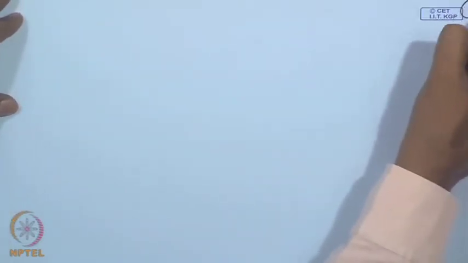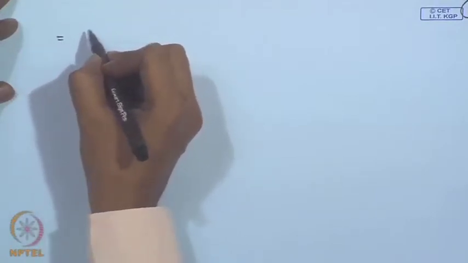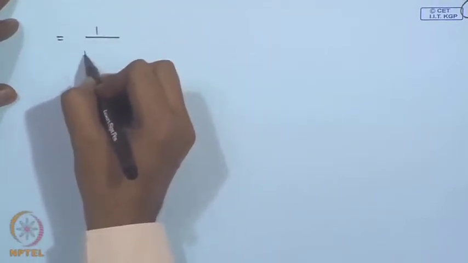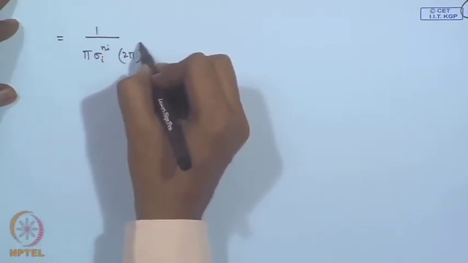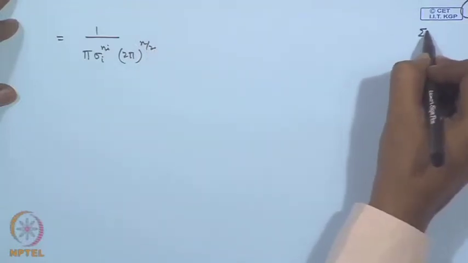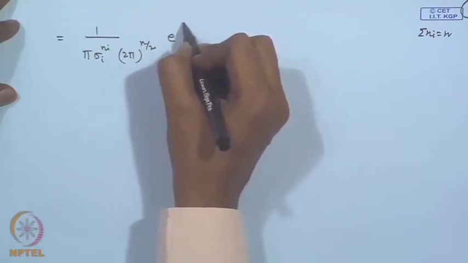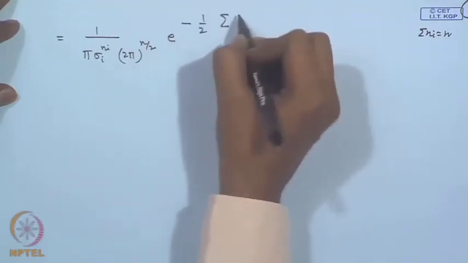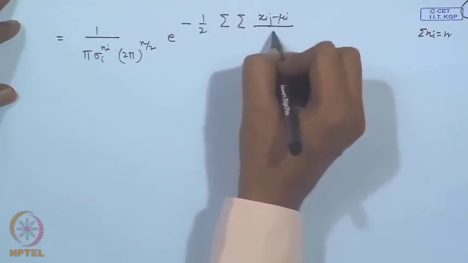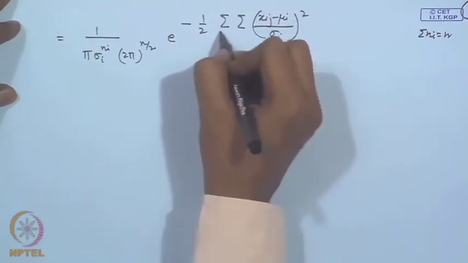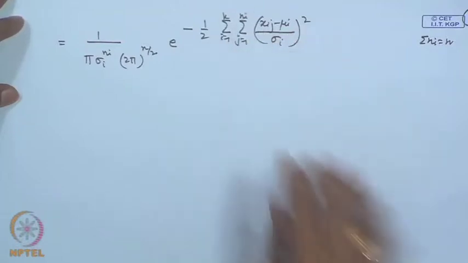We can simplify this. That is equal to 1 by product sigma_i to the power n_i, (2 pi) to the power n by 2, where sigma n_i is equal to n, then e to the power minus half sigma ((x_ij minus mu_i) by sigma_i) square, i equal to 1 to k and j equal to 1 to n_i.